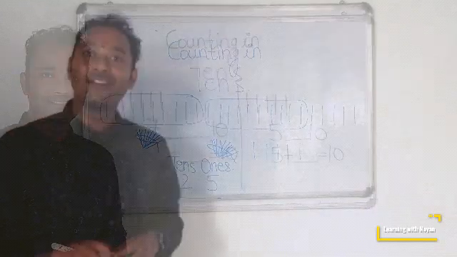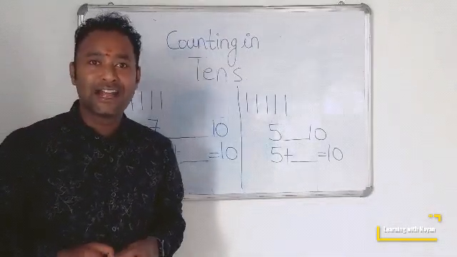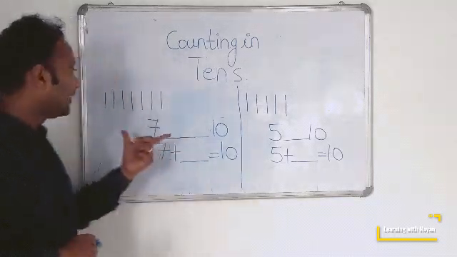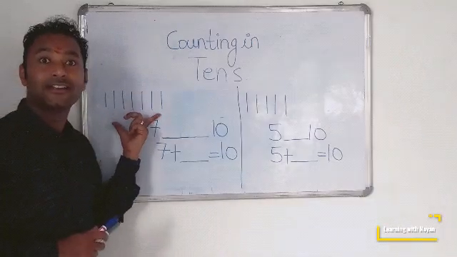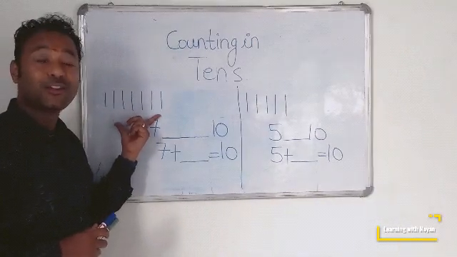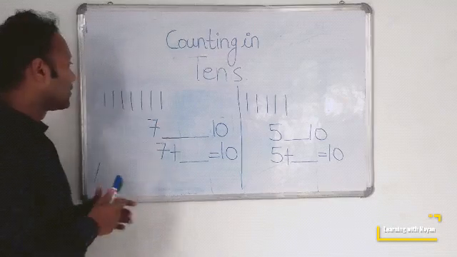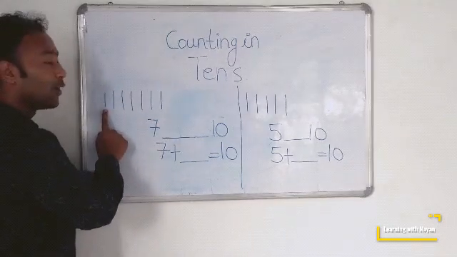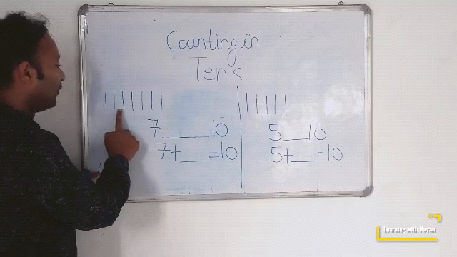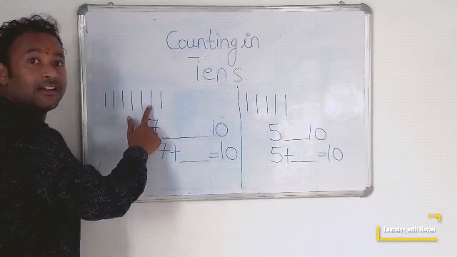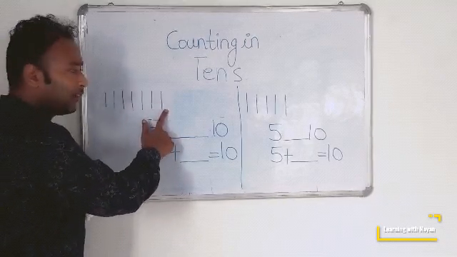So students, we will now jump into another type of question, and this question is interesting. In this, I have drawn some sticks on the board and you have to form a bundle of 10 sticks. So start counting. This is 1, 2, 3, 4, 5, 6, 7.